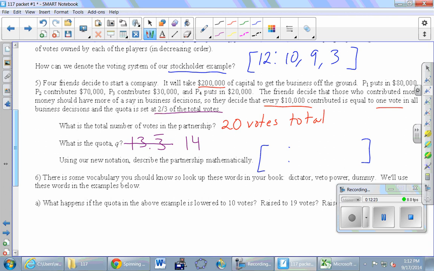What number is the quota? 14, so we put 14 first. And then we're going to list the number of shares in decreasing order. Remember, every 10 grand is a share. So this 80 grand person has how many shares? 8 shares. So 8 goes first. 70 grand means 7 shares, 30 grand, 3, and 20 grand, 2.